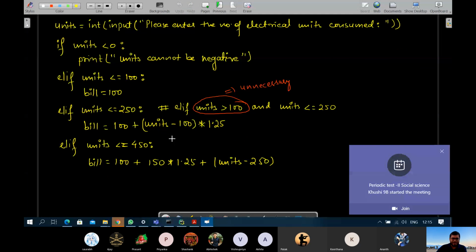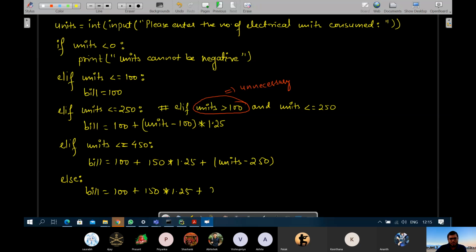This is the last case, therefore we'll write else, because that is the only obvious case remaining, we will write bill is equals to 100 plus 150 multiplied by 1.25 plus 200 multiplied by 1.75 plus number of units over 450, the number of additional units over 450 multiplied by 2.25. Once you are done, you will come out of if else structure.